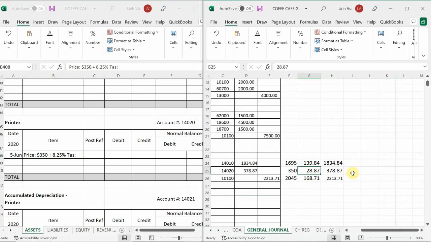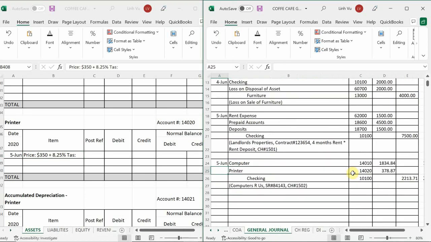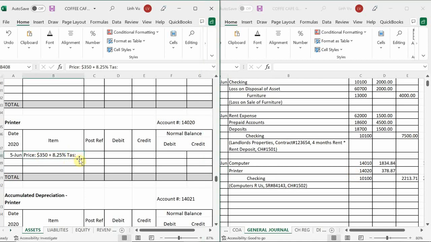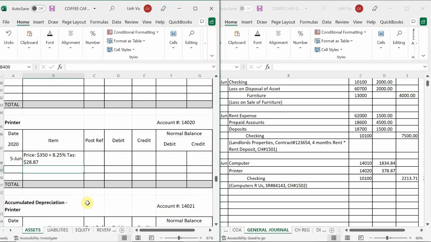It's like $28, right? $28.87. Okay, so then that should give me a grand total of $378.87. However you journalize it, you journalized it as you debited this, so therefore it's also going to be a debit balance. Okay.